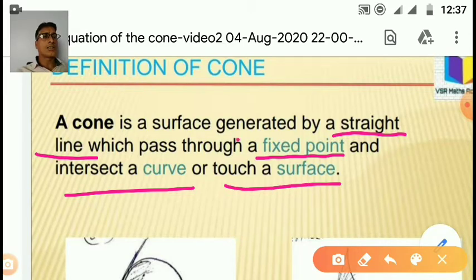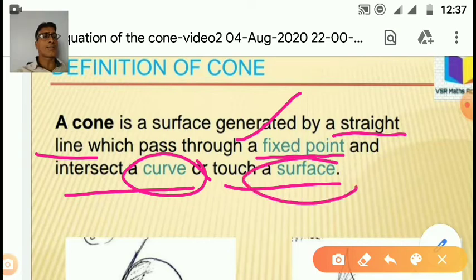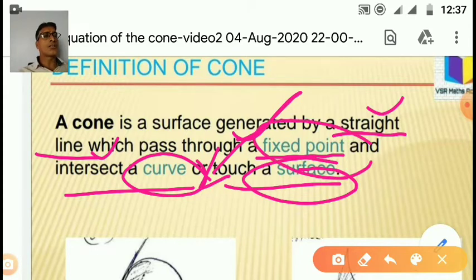So there is a fixed point and there is either a curve or a surface. Passing through this fixed point and intersecting this curve, a straight line generates a cone. And also the surface generated by a straight line passing through this fixed point and touching this surface is also a cone.